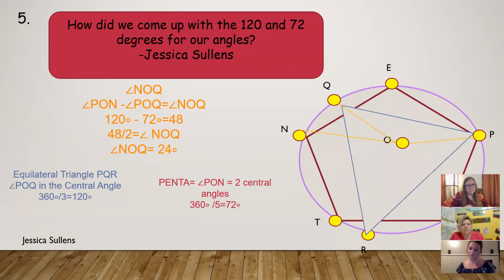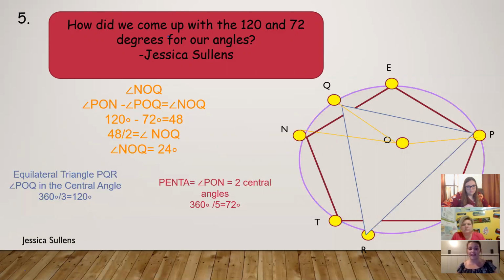But we got our 120 and our 72 by looking at our shapes, and those shapes have the same number of points and sides, so they're inside a circle.